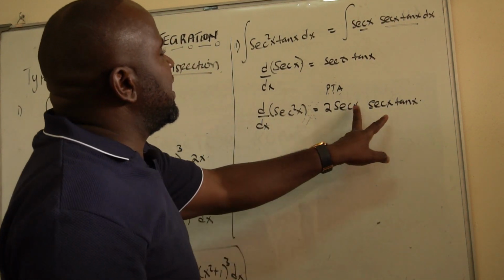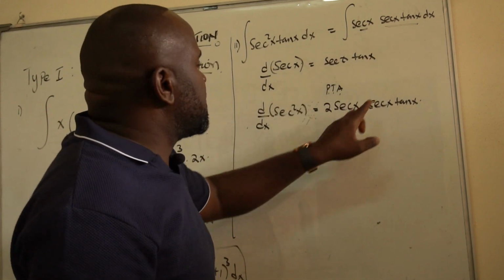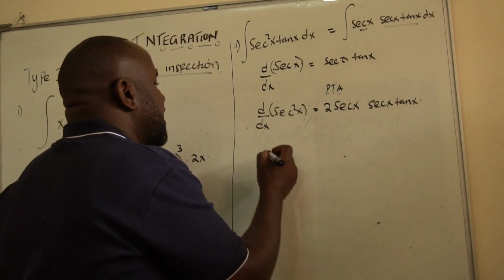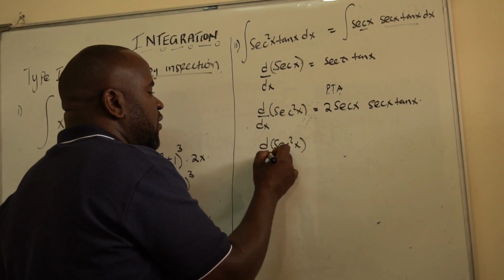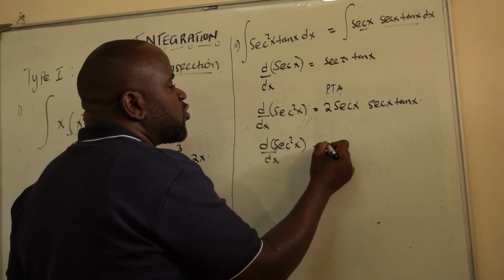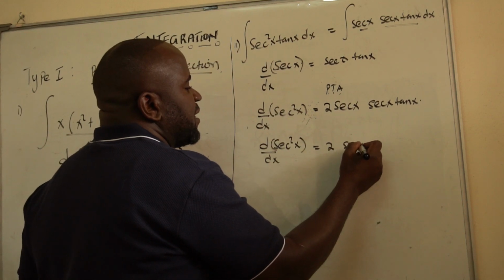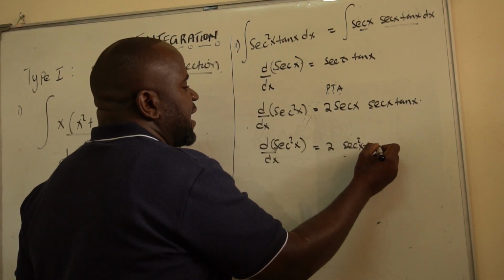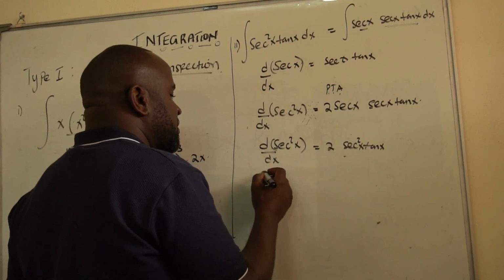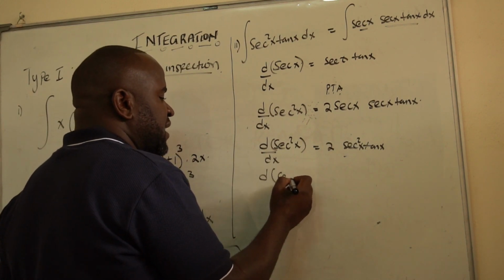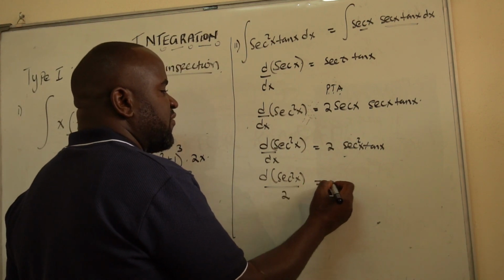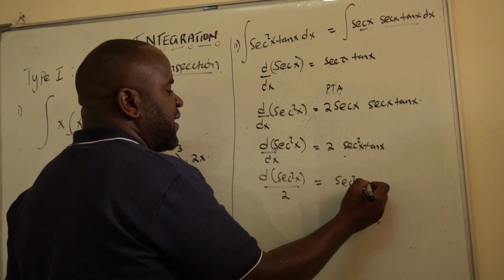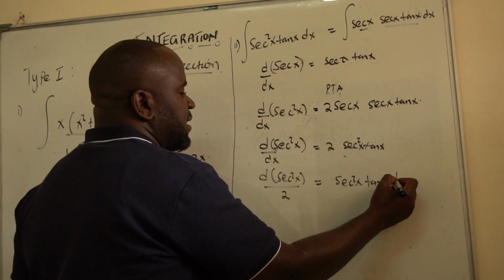Therefore, this is in line with what the question had stated. So this is actually what the question is, and for that reason, I'll have the derivative of sec squared of x dx equal to twice sec squared of x tan of x. If I cross multiply, I'll have the derivative of sec squared x divided by 2 as equivalent to sec squared of x tan of x dx.